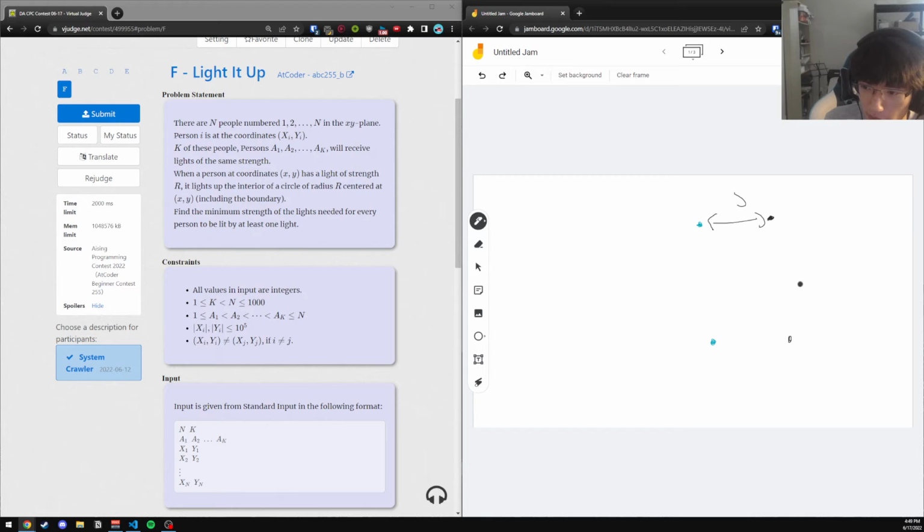For each person, let's erase this person, and let's say there's a bunch of blue dots. Basically all you need to do is calculate the distance towards all the blue dots, all the people with lights, and find the minimum distance, and that's all you need. The people with lights don't really need any distance at all. They don't have a minimum radius.